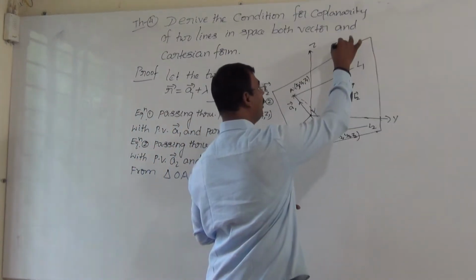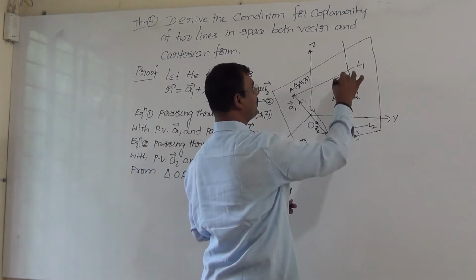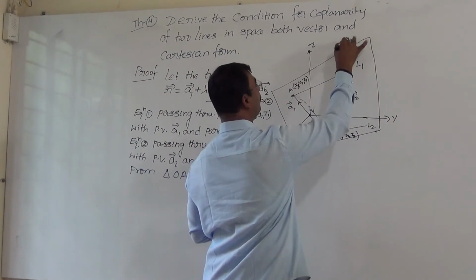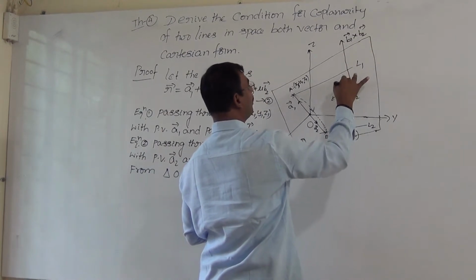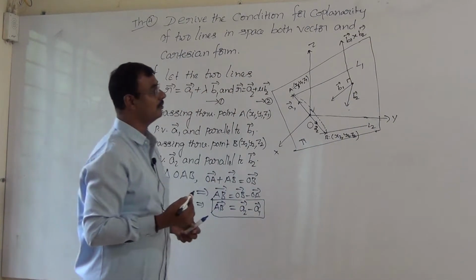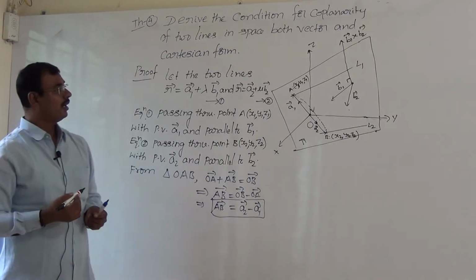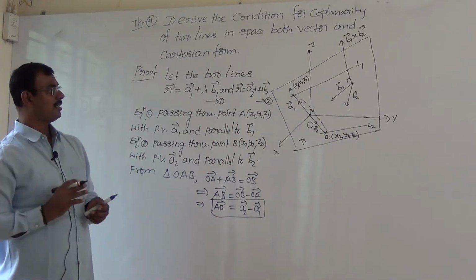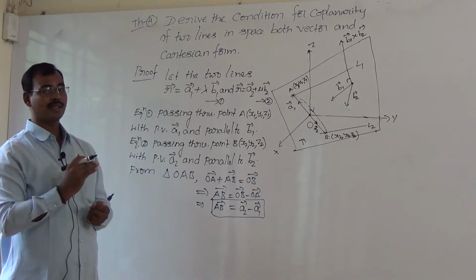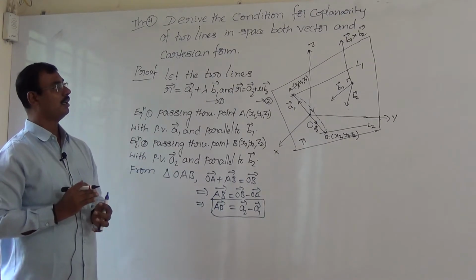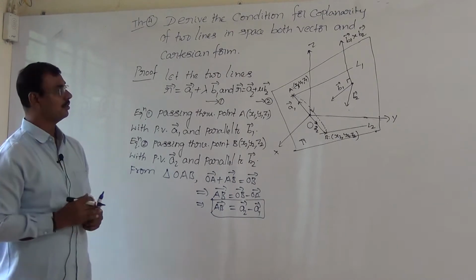I will show the perpendicular condition like this. This is B1 bar cross B2 bar, which is perpendicular to the plane. We are using only one technique, the dot product will be 0.